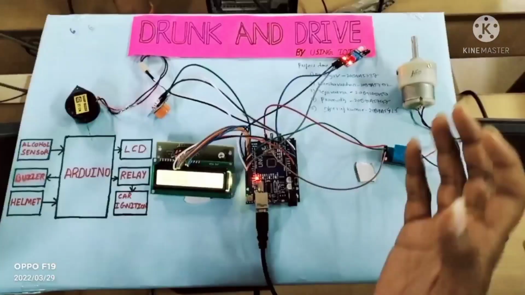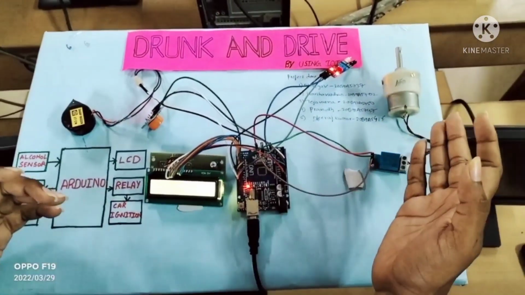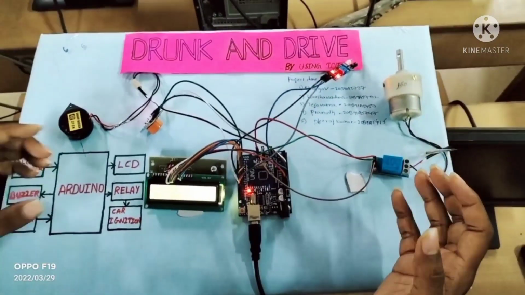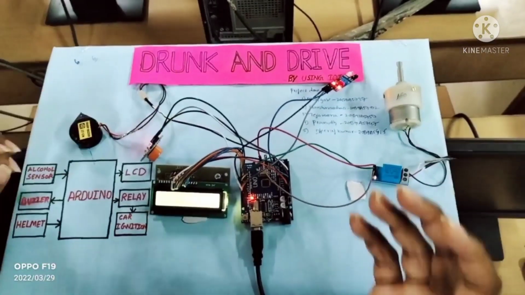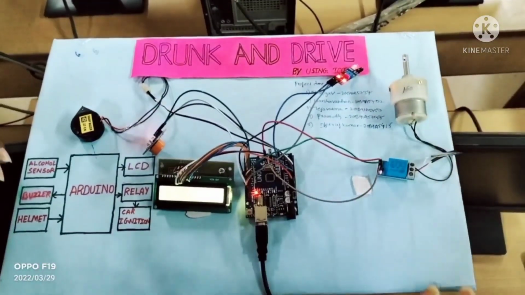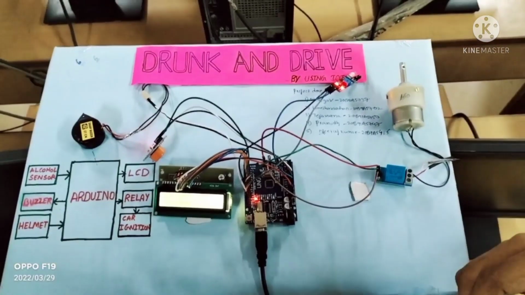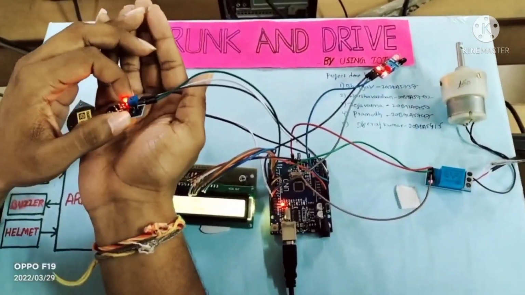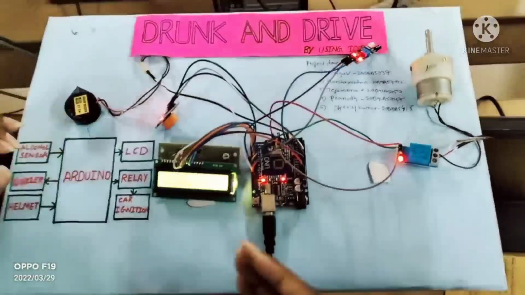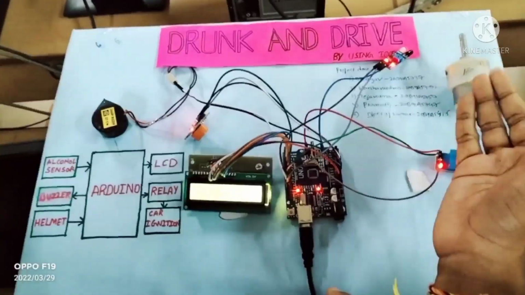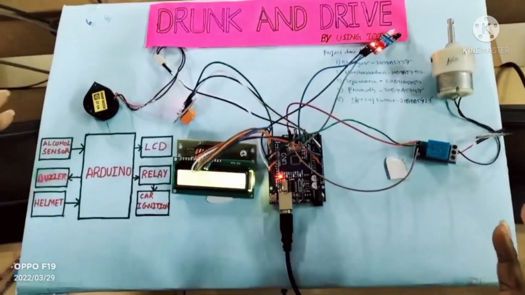If the alcohol sensor detects alcohol, then the motor ignition will automatically be turned off. So as we can see, the motor turned off automatically, and here the alcohol has been detected. So this is the working of this project.